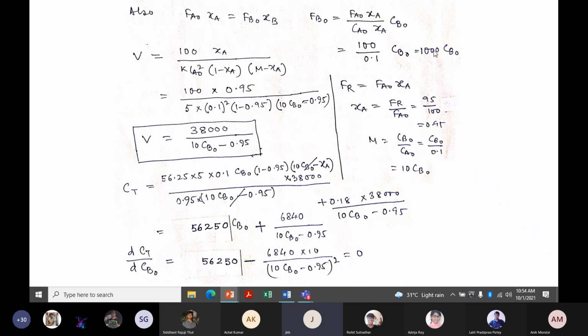So Fb0 we can get it from concentration, 1000 concentration of B, Cb0. Then you substitute all in the expression of volume, and you will get 38000 10 CP0 minus this. Then again, you cost expression, you can simplify.